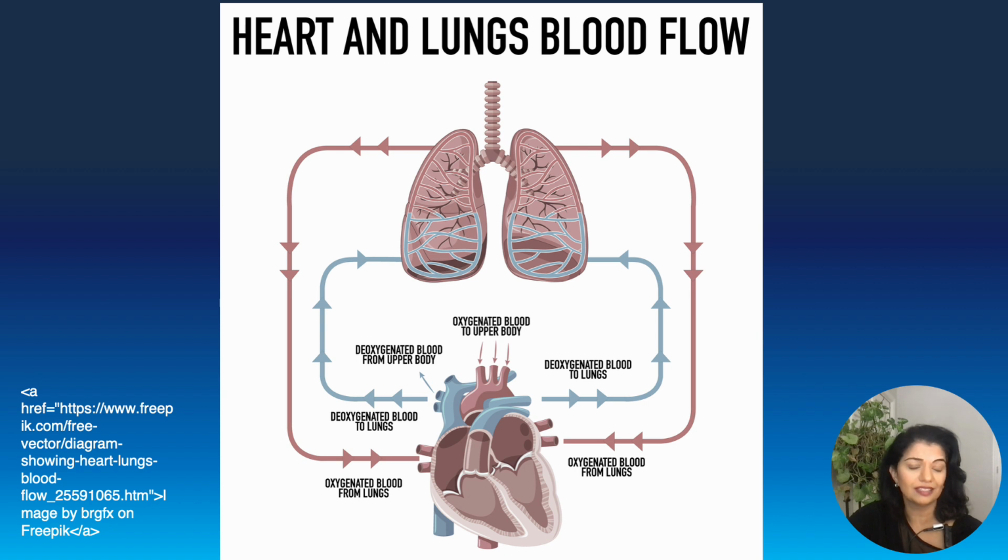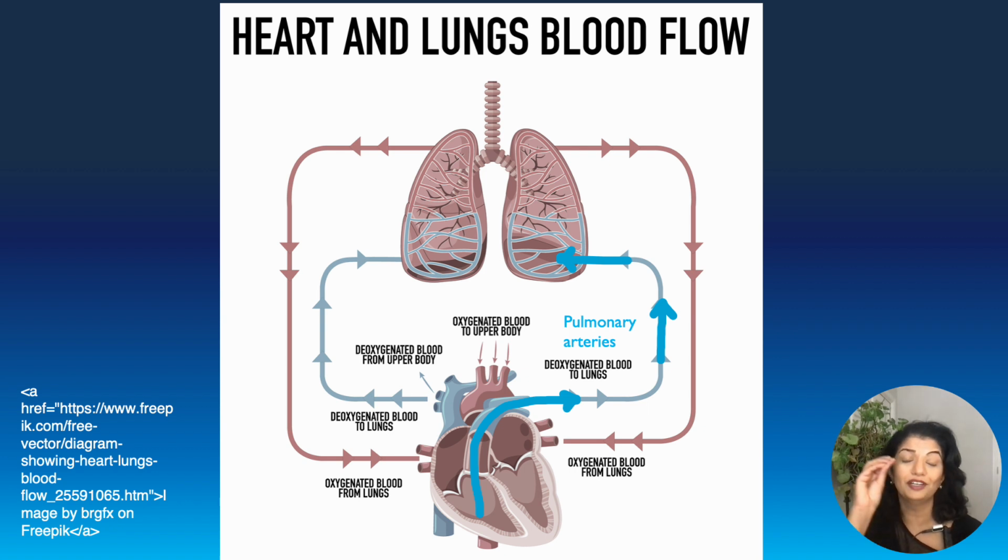And this returns from the body, carrying all the waste and carbon dioxide, and it goes to the right side of the heart. It enters the right atrium and then moves to the right ventricle. Now, from the right ventricle, it is pumped through the pulmonary arteries and to the lungs.